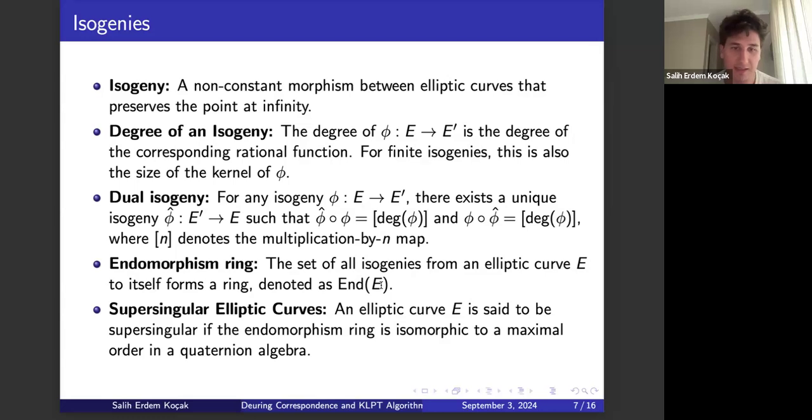If this is the case, we say that this elliptic curve E is supersingular. Supersingular elliptic curves have lots of different definitions, but this is probably one of the first. So if the endomorphism ring of an elliptic curve is isomorphic to a maximal order in a quaternion algebra, we call this elliptic curve a supersingular elliptic curve.